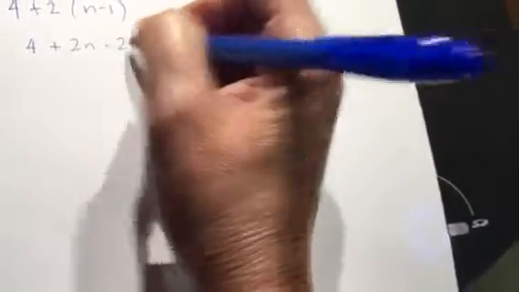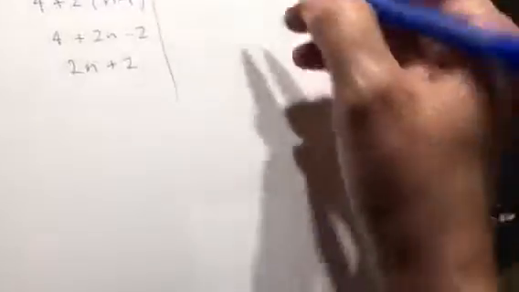So that's 4 plus, distribute the 2, 2n minus 2. Combine the like terms. 2n, 4 minus 2, or 4 plus negative 2, is going to give me a plus 2. So in my first column for number of blocks, I got that expression.